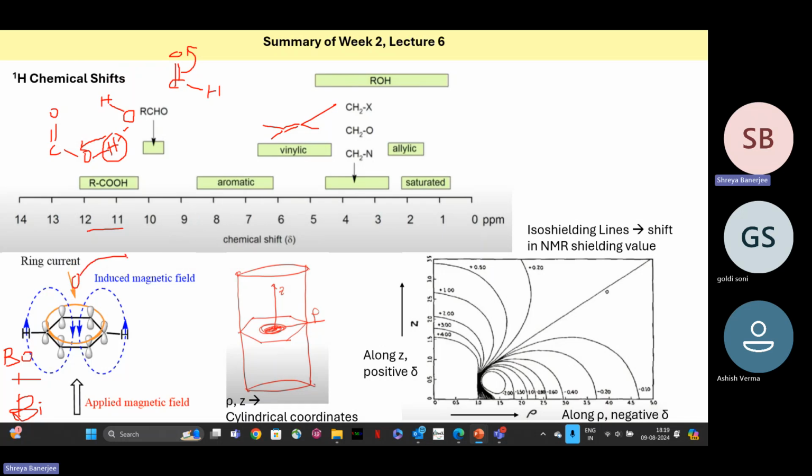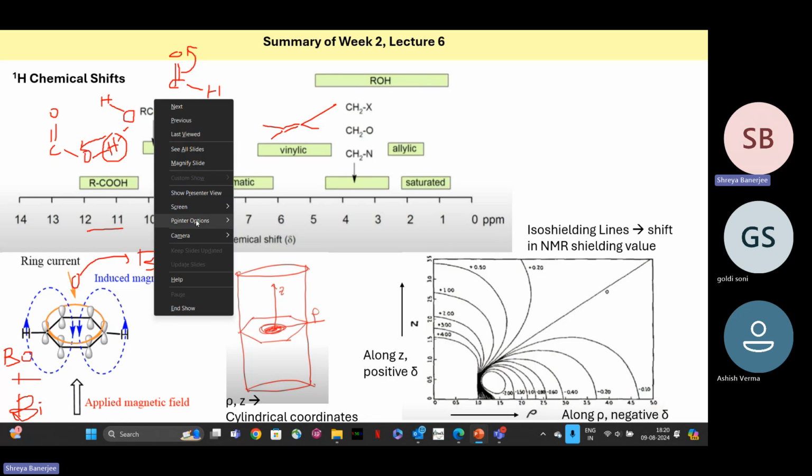This point will experience a net field of B0 minus Bi, because at this point the induced magnetic field is downwards and the applied magnetic field is upwards.